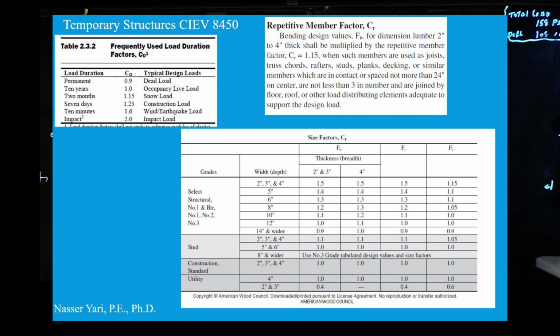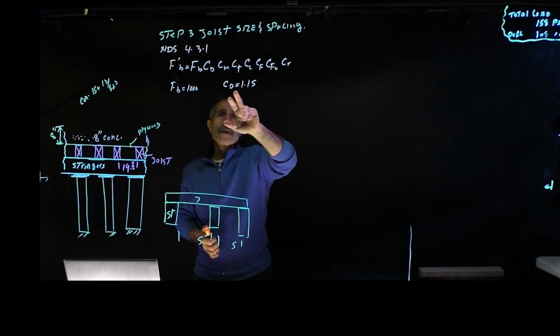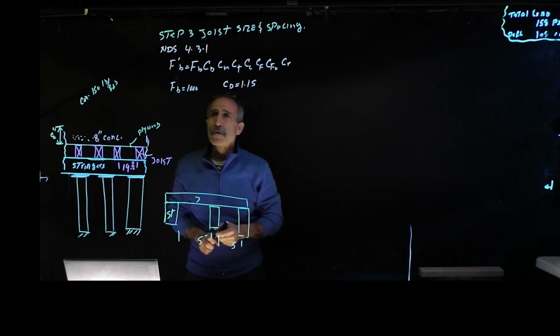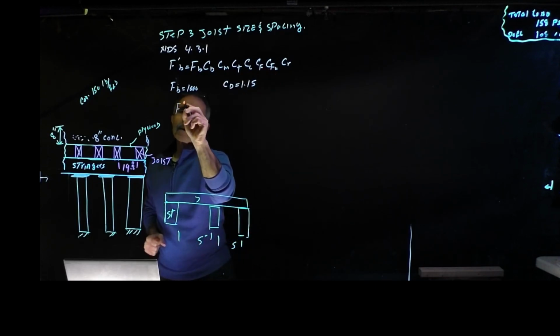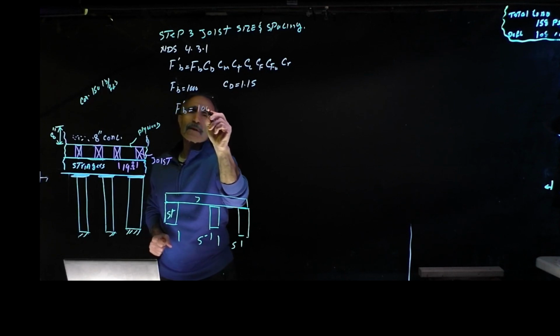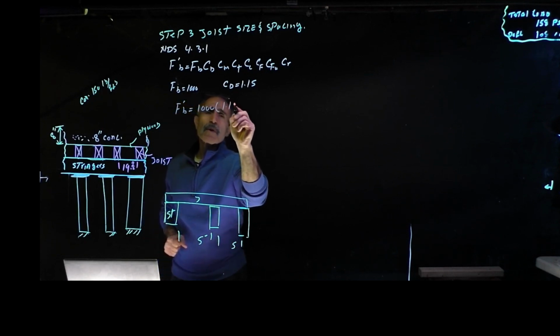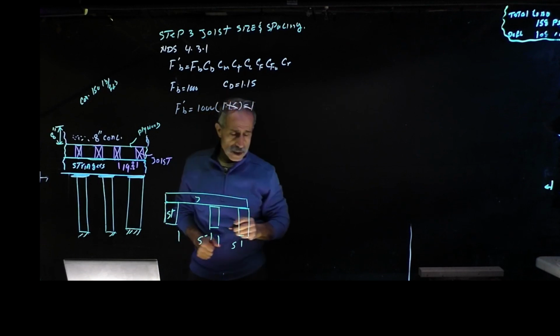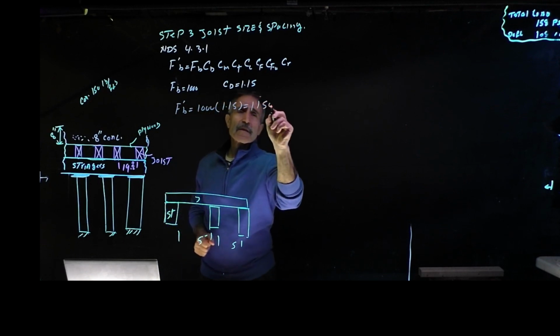Is it repeated every so often? A lot of times these are equal to 1, except for C_D. In this case they all equal 1. C_D is equal to 1.15. So our F prime b is equal to 1,000 times 1.15, and that gives us 1,150 psi.